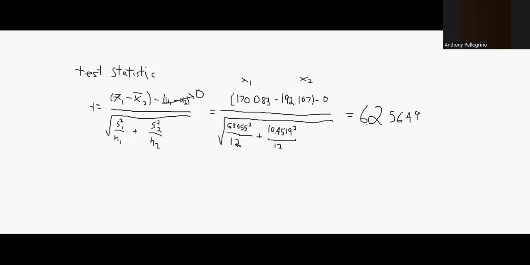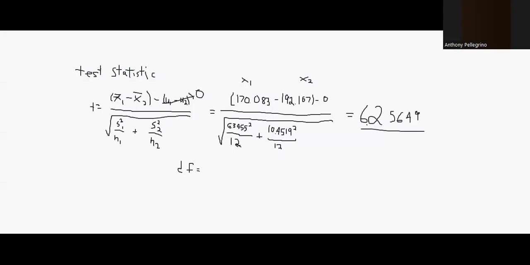So now that we have the test statistic, we need to look at the A3 table, which maps out the t-distribution, to find the p-value. To find the p-value, not only do we need the test statistic, but we also need the degrees of freedom.